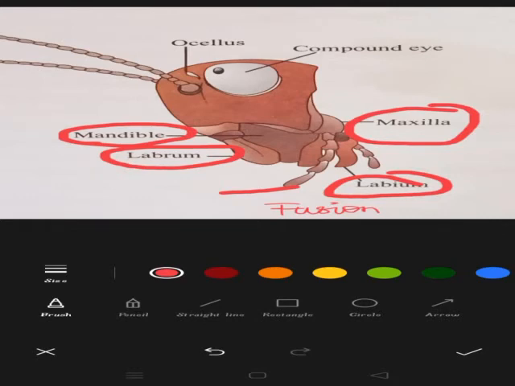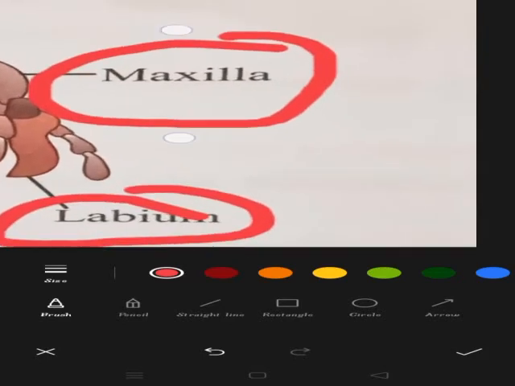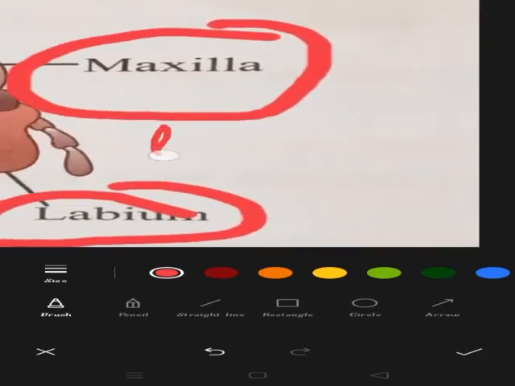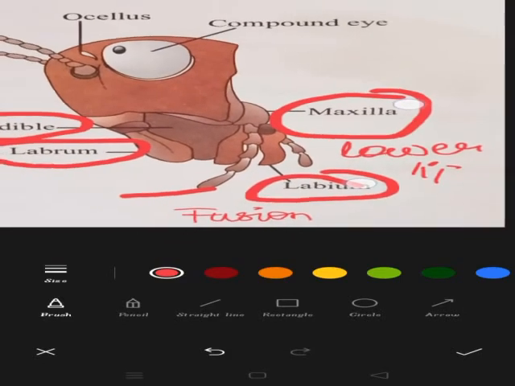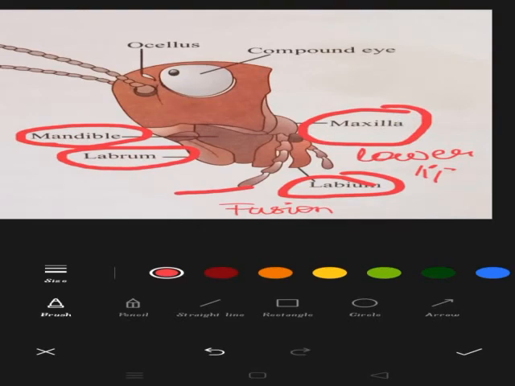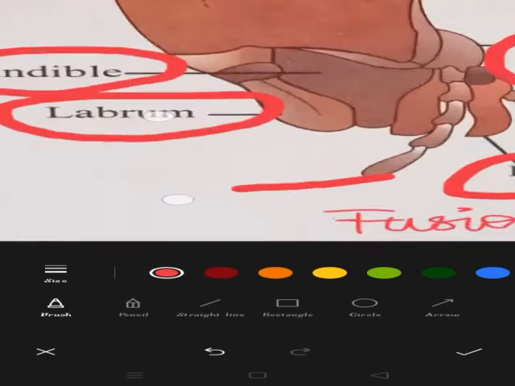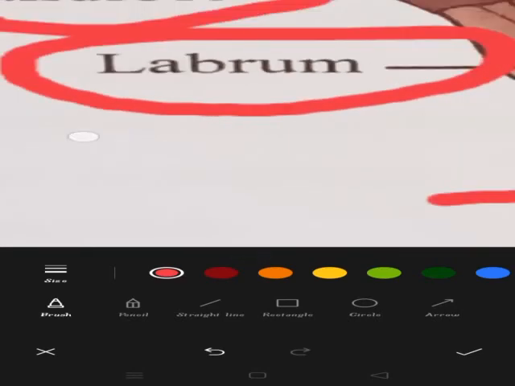And the second pair of maxillae is the lower lip. The second pair of the maxilla is called the lower lip, and the labrum is the upper lip.